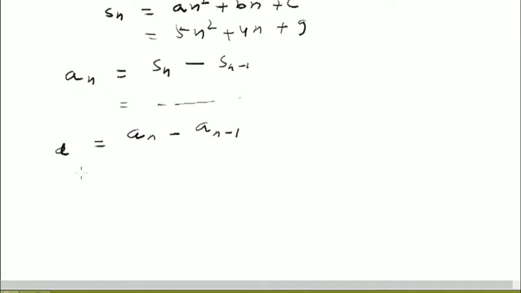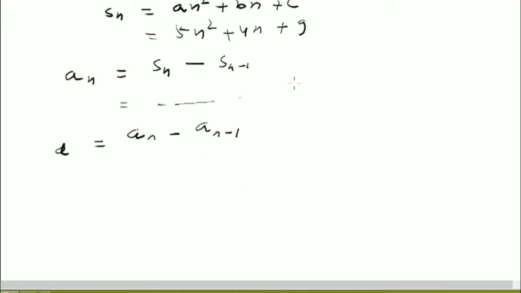What do you mean by the word constant? Means that no n is there. That is, it is independent of the value of n. It is remaining the same irrespective of the value of n.